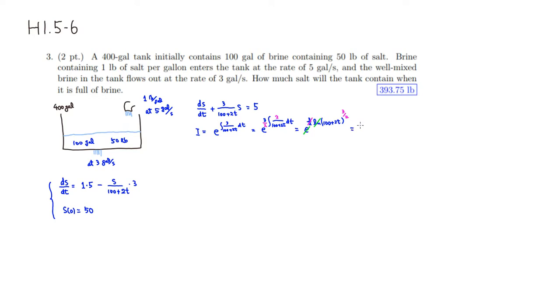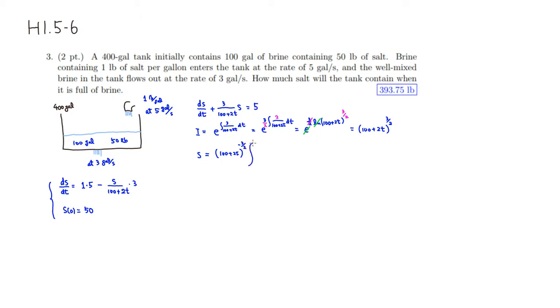So you end up getting 100 plus 2t raised to the 3/2 power. Then we can find the multiplier by 1 over I, so I'm going to write it as 100 plus 2t raised to the negative 3/2 power, because it's 1 over I.